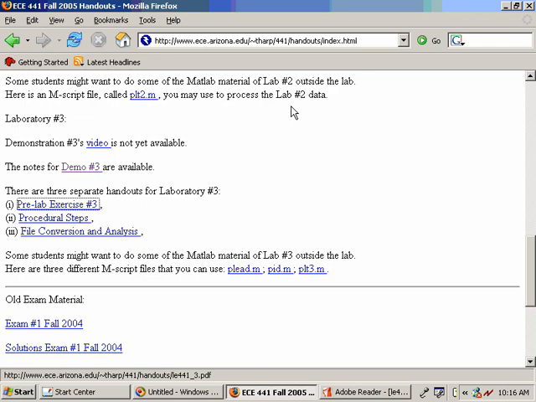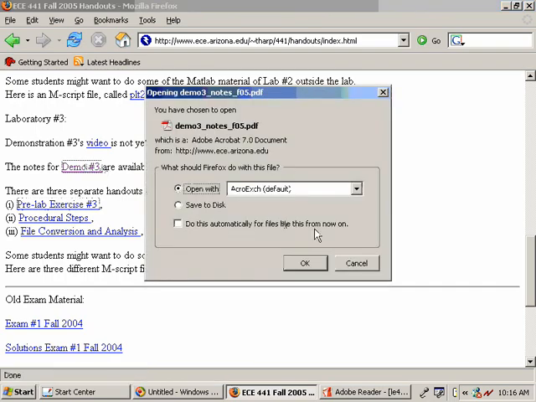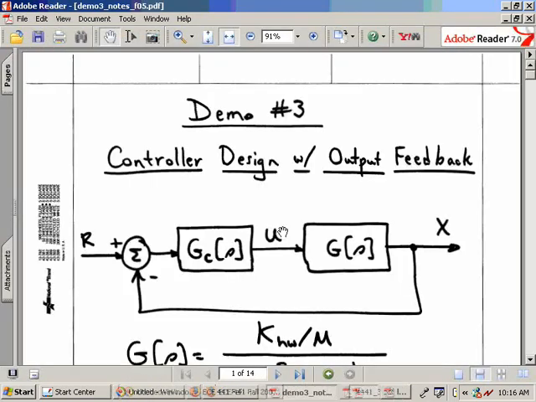So now that I'm back on the browser window, what I'm going to do is go ahead and open up the demo number 3 handout and essentially work through that for today's demonstration.